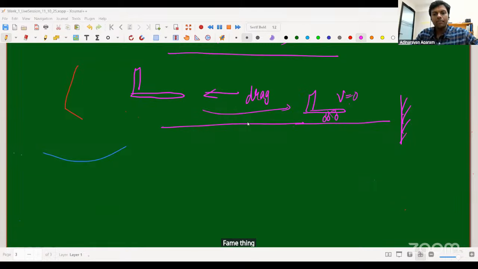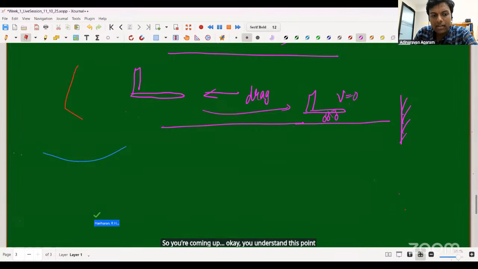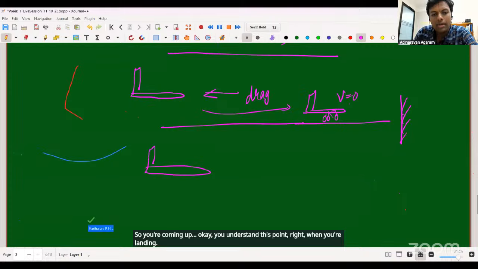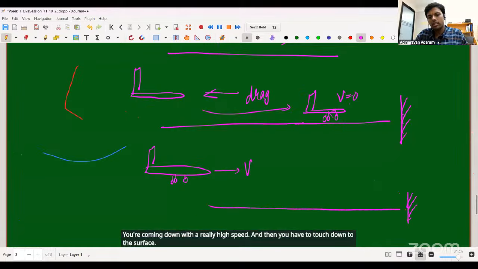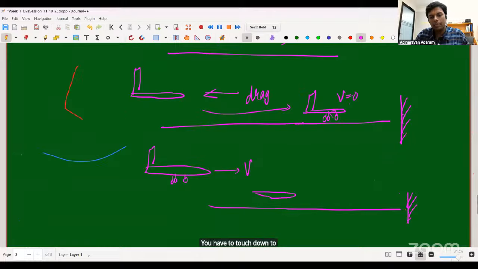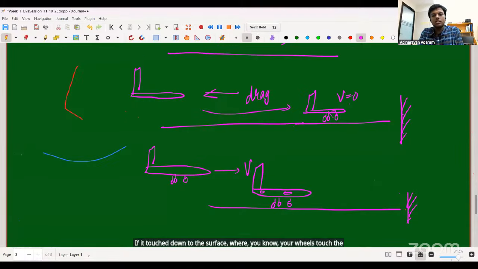Fine. See, you're coming down with a really high speed, and then you have to touch down on the surface, where your wheels touch the ground. That's the touchdown.